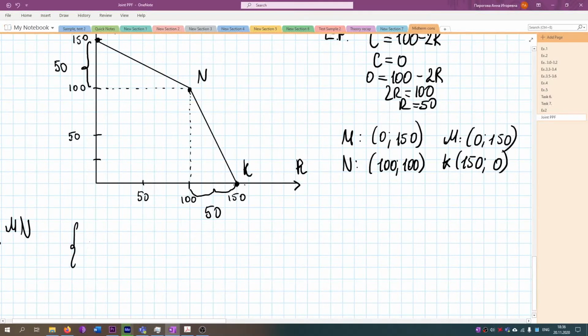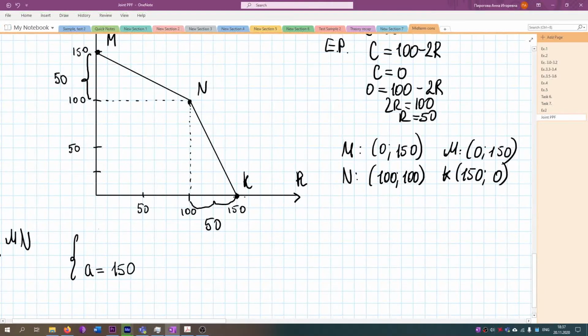So we know that the intersection with y-axis is when A is equal to 150, and we need to plug in the coordinates of the point N, and they are equal to 100, 100.